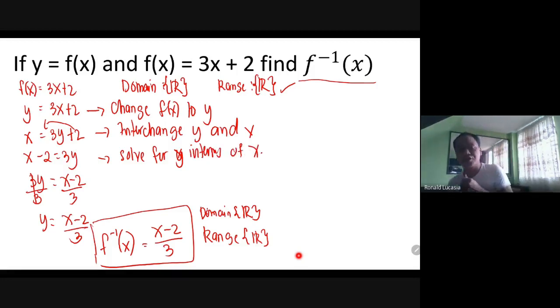Then lastly, change y into the symbol for the inverse function, f inverse of x. Okay? Let us have number 2.